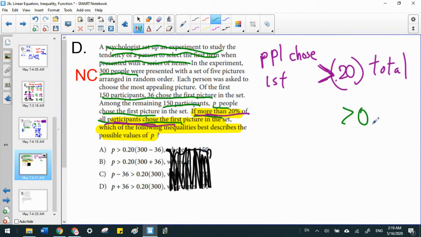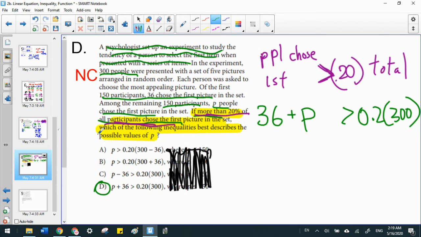This part on the right is going to be 0.2 times 300, and then this part on the left is going to be the number of people that chose first, which you get to say is 36 from the beginning, and then the P people from the second set of 150. And once again you'll notice that D is the correct answer. And this way to do it is a little bit easier to think through.